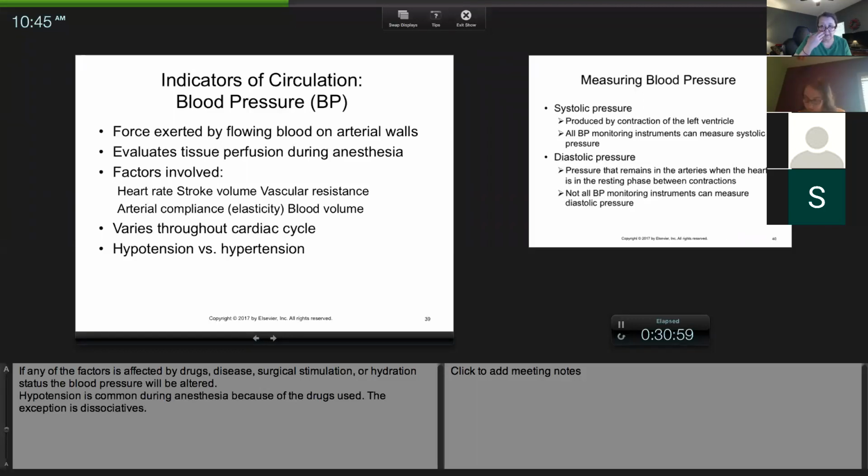They can also be dehydrated or have had blood loss. Hypertension is typically decreased anesthetic depth. They're too light. They felt pain. You know, your blood pressure goes up if you hurt. It can be they have organic hypertension. If you have high blood pressure, you're going to have high blood pressure during surgery.